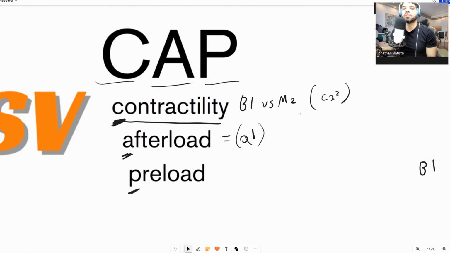And at a physiological level, we want to stimulate alpha 1. We have something called norepinephrine, which has more affinity towards alpha 1, right? We also have epinephrine, but epinephrine has more affinity to alpha 1 on higher dosages.